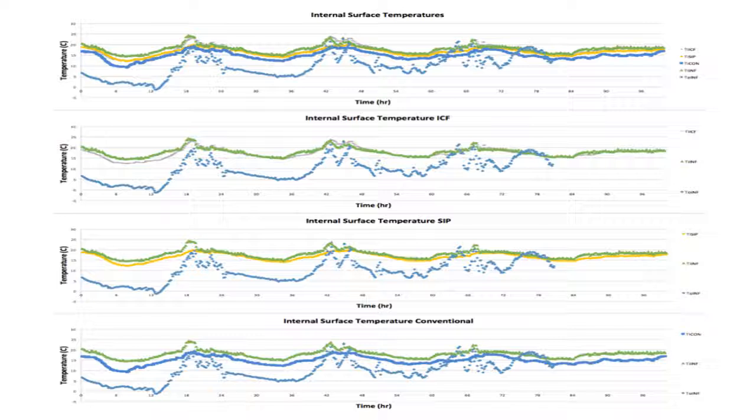Showing our graphs over time, you can notice that in the internal surface temperatures, the blue line is the conventional, and as you can see on bottom, and then the yellow is SIP, and then the gray line basically is right near the surface temperature. And because of that variance in temperature gradient, that's why you see the greatest difference in the Q double prime leaving the walls.